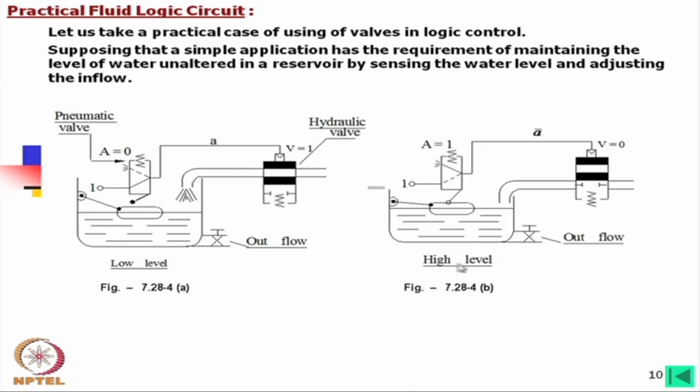So, when there is some disturbance, that means this is moved, then it is A naught and this valve is being actuated. It is like that when the water is being filled and it is touching this one, then the valve is being closed.